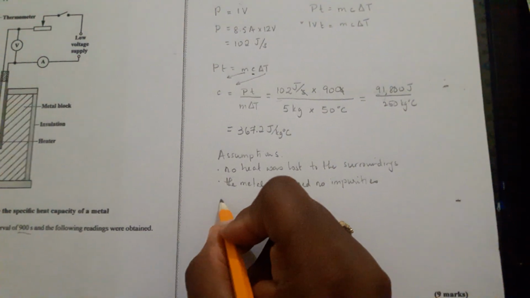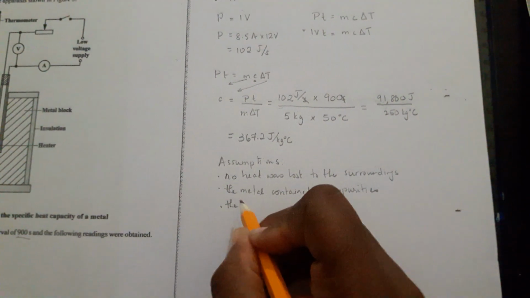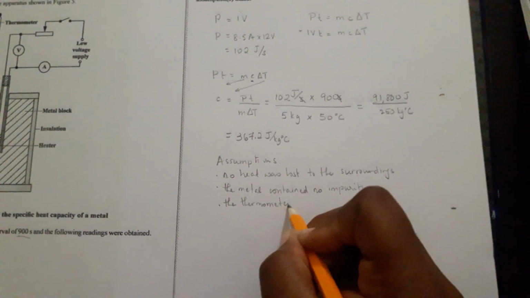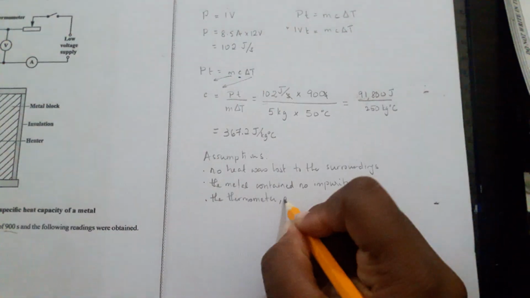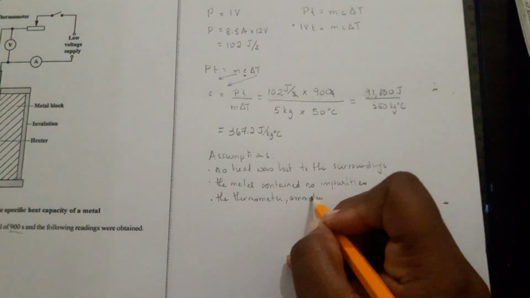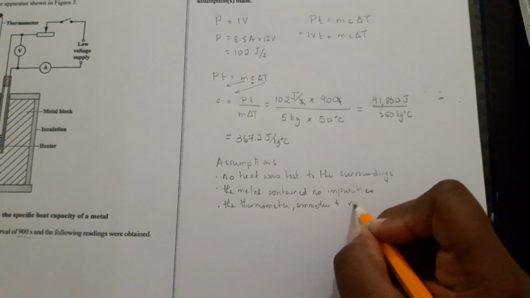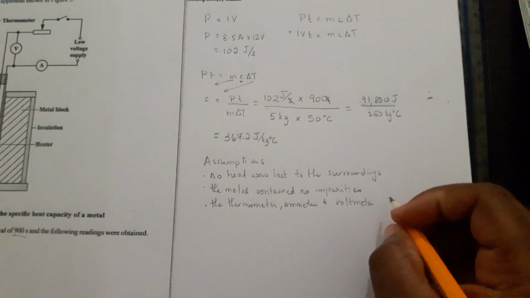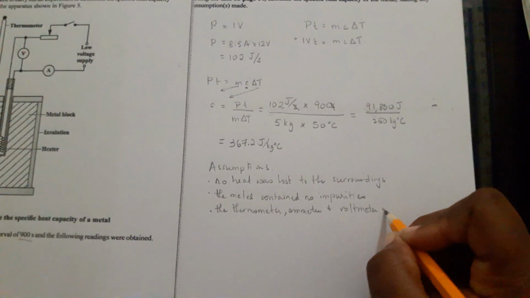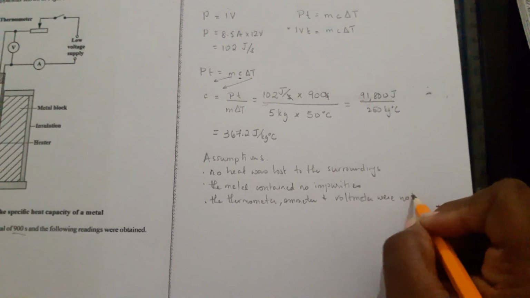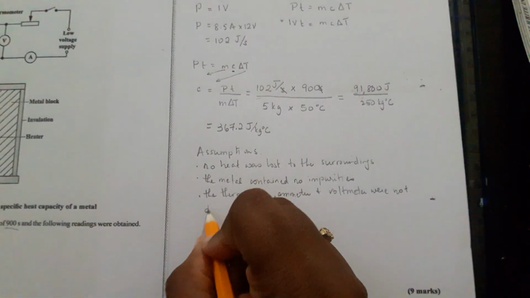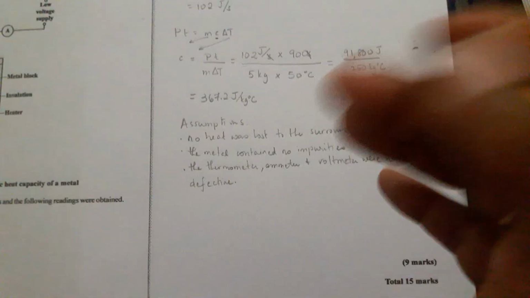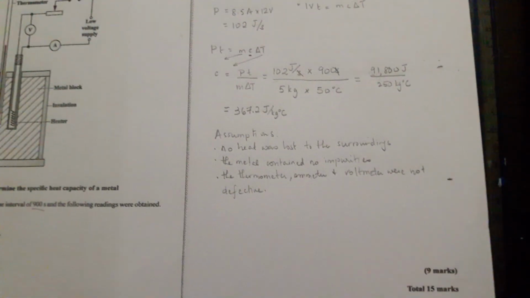And the next one is the thermometer, ammeter, and voltmeter were not defective. And that's that. I hope this helps.